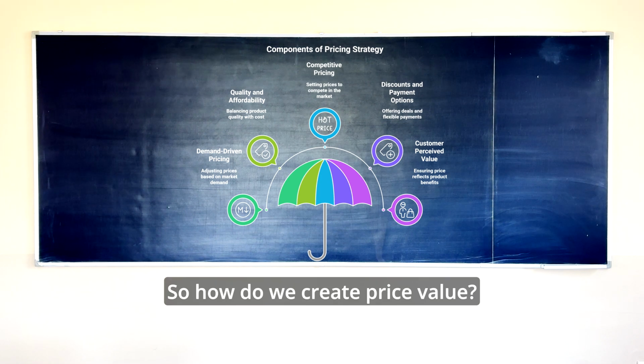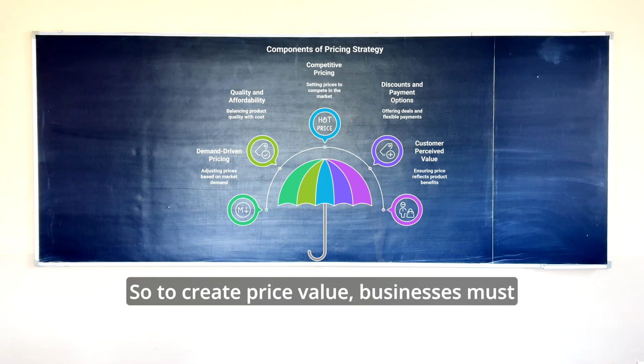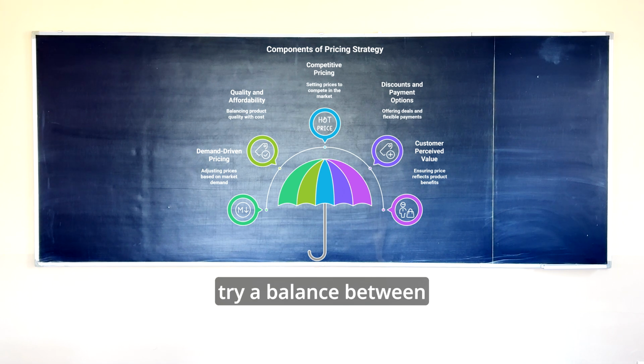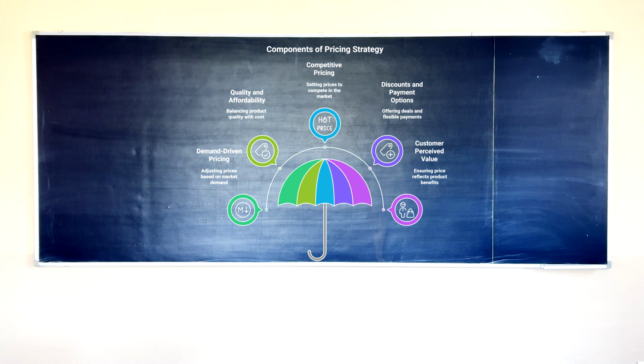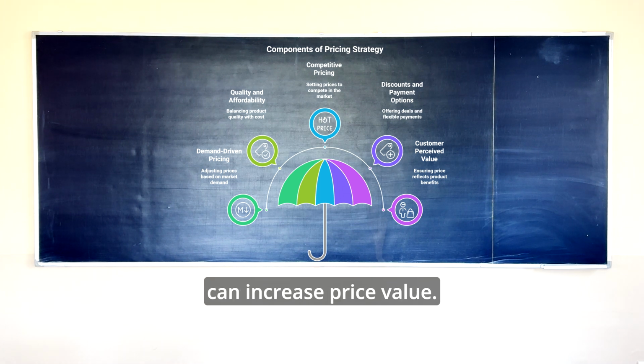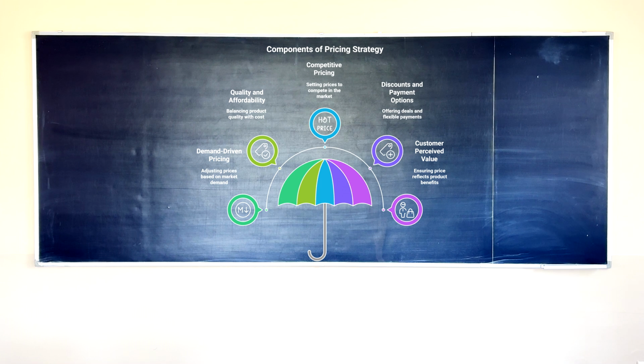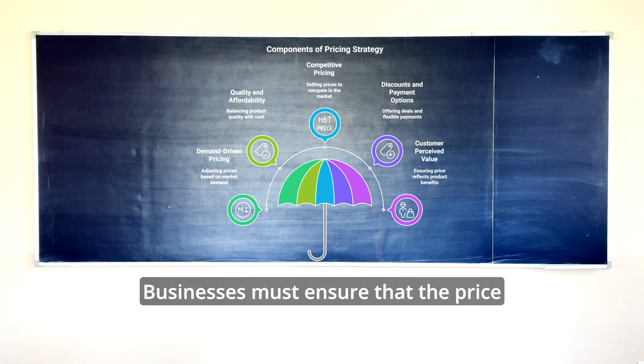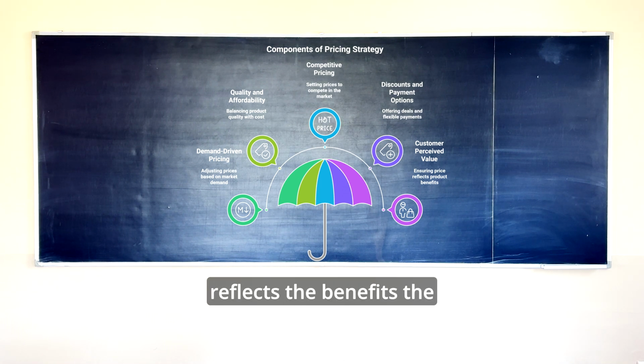So, how do we create price value? To create price value, businesses must strike a balance between quality and affordability. Offering competitive pricing, discounts, or flexible payment options can increase price value. Businesses must ensure that the price reflects the benefits the customer will gain from the product or service.